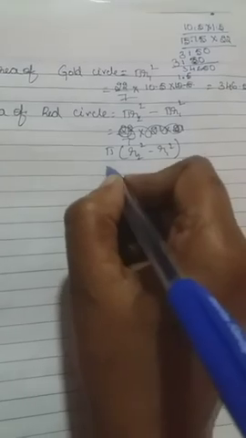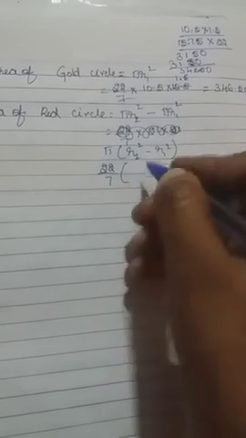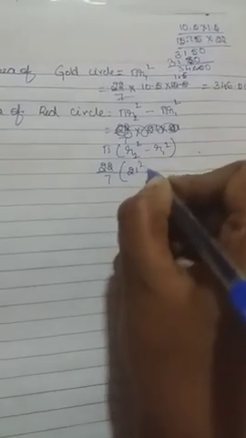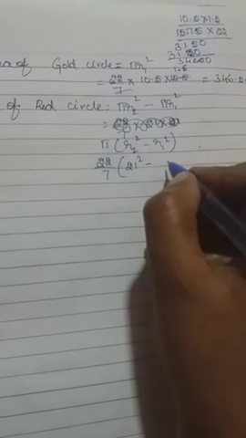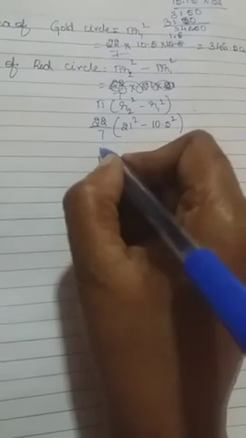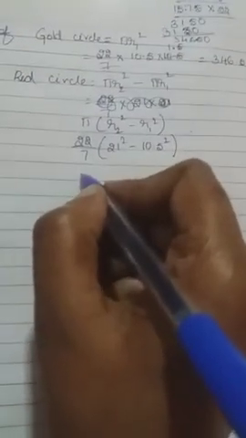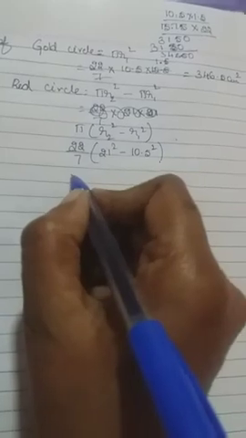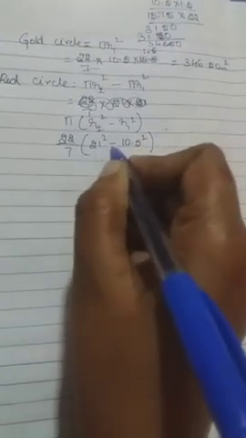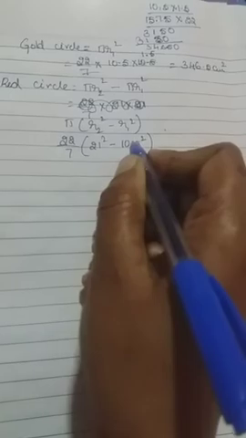Substituting the values: 22/7 into 21 square, the radius of the second circle, minus the radius of the first circle, 10.5 square. Let us do 21 into 21.